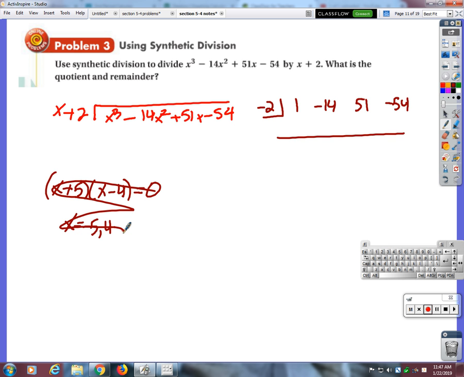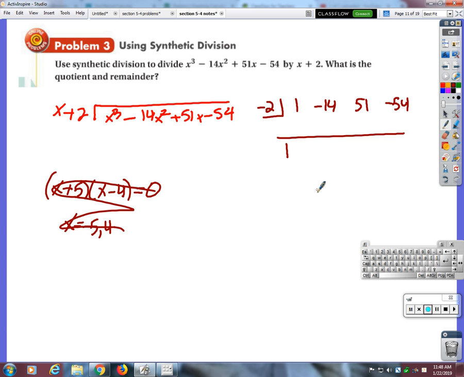I'm confused. Okay. So the first thing that we do to start the process of synthetic division is you bring the first number down. So this is a 1, so I'm going to put the 1 right there. Then all you have to do to finish this problem is multiply and then add, and then multiply and then add, and then multiply and then add.